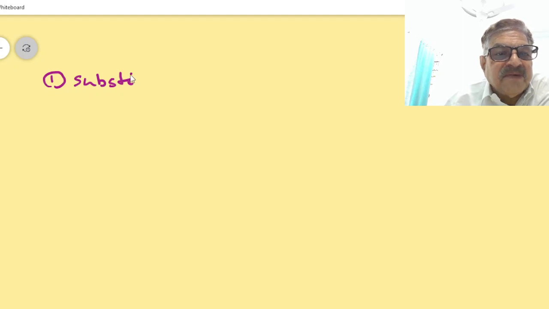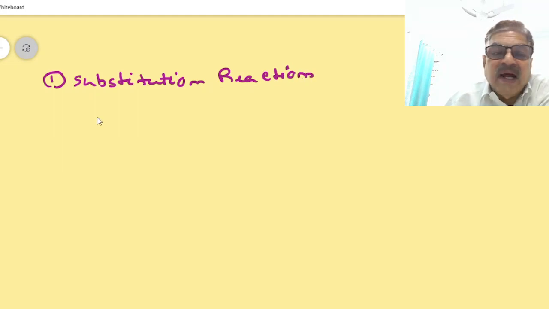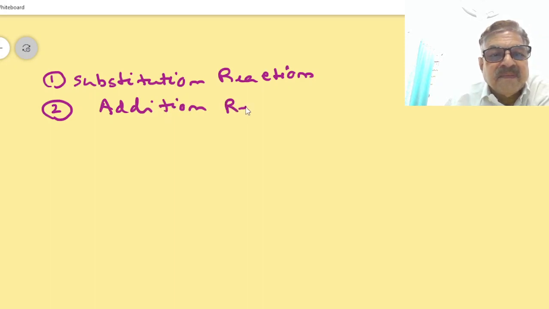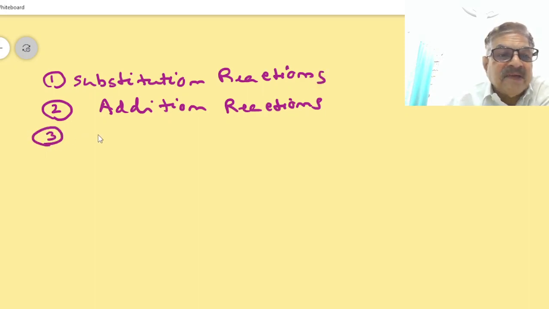These are the various types of reactions. Substitution reaction, then we have addition reactions, then we have elimination reactions.